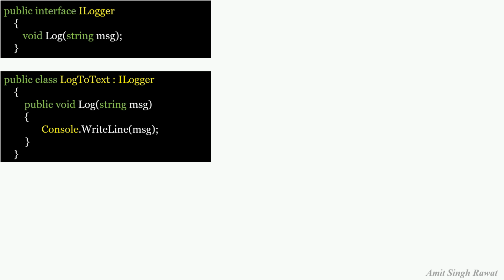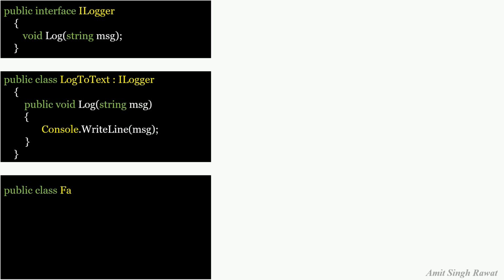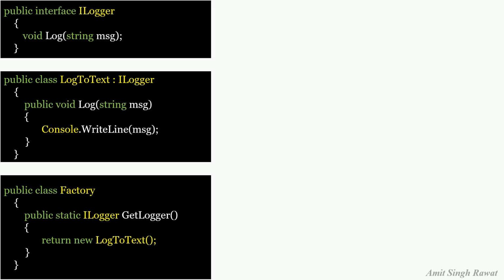Our LogToText class is also ready. Next is the factory class. So public class Factory, public static ILogger GetLogger. So instead of returning the exact class name, we are returning the interface. Return new LogToText. And that's it. Our factory class is also ready.